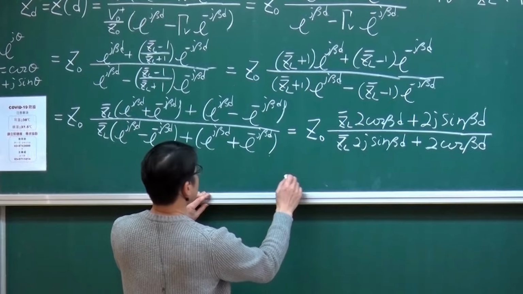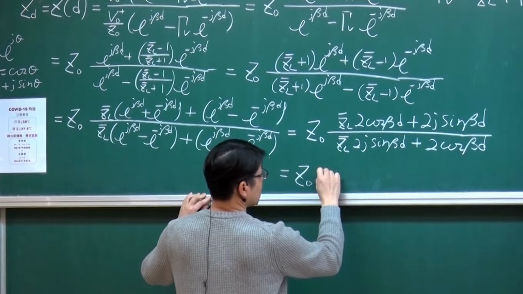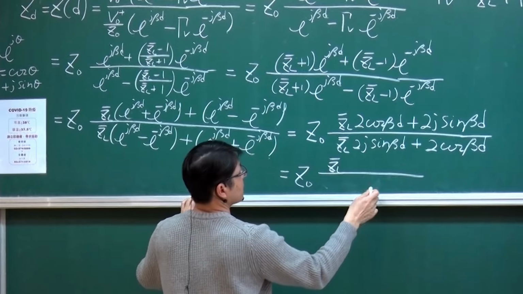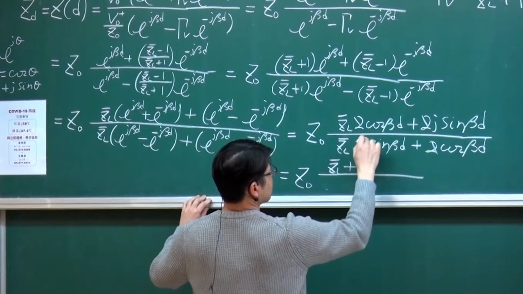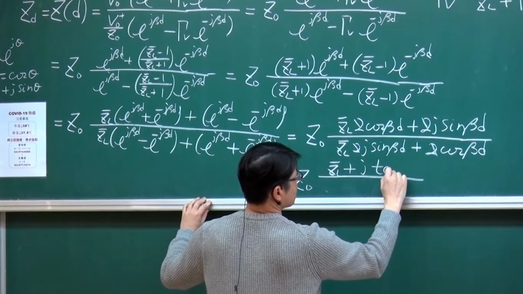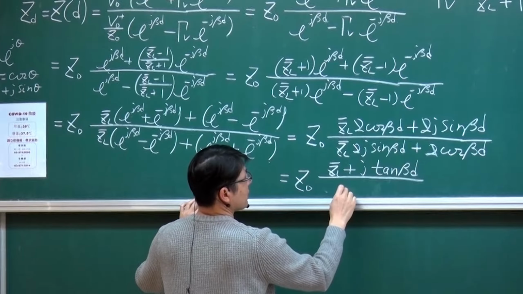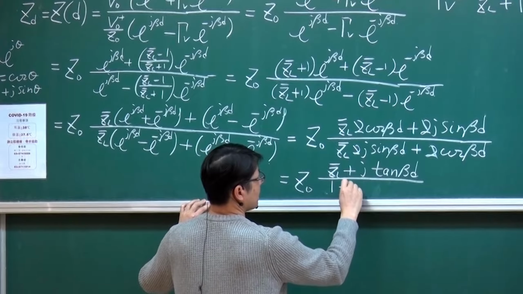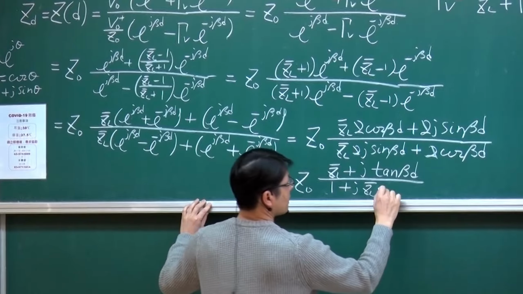So in the end, this is Z0 times normalized load plus j tangent βd, over 1 plus j normalized z load tangent βd. The 2 cancels out.